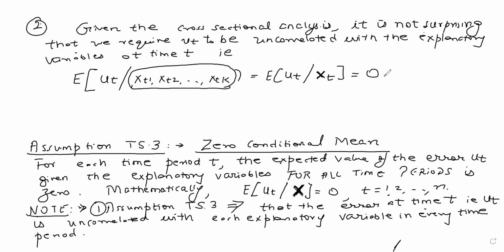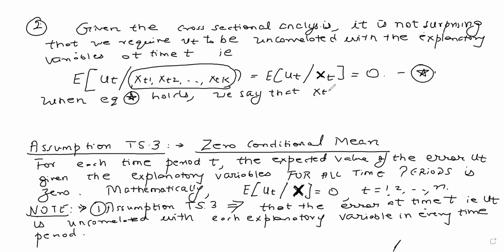So if I call this equation star, when equation star holds, we say that xtj are contemporaneously, another easier word is instantaneously, exogenous.